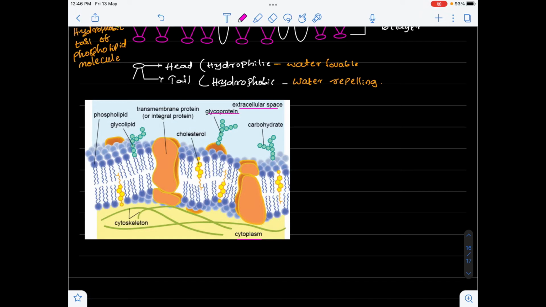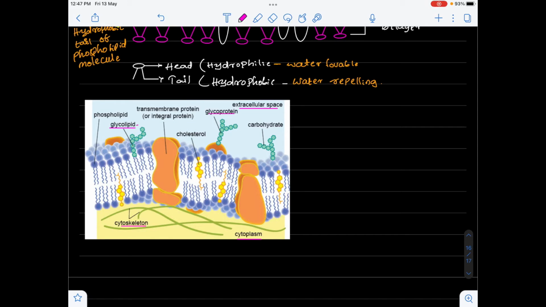And this glycoprotein has a protein part and a carbohydrate part. Glycolipid also has a carbohydrate part and a lipid part. And inside the cytoplasm, there is a cytoskeleton present.